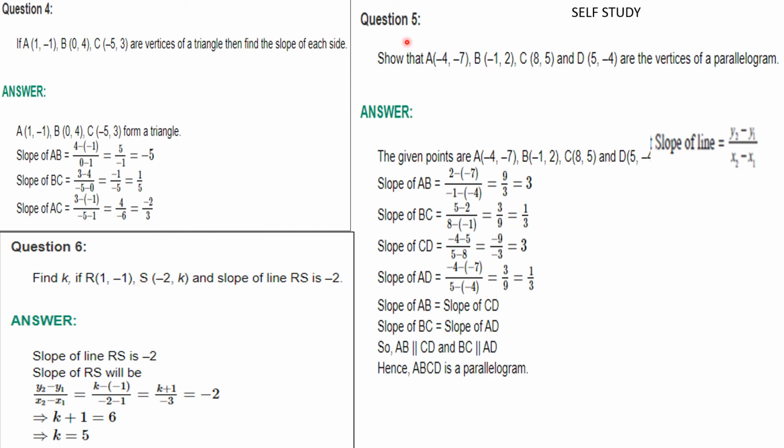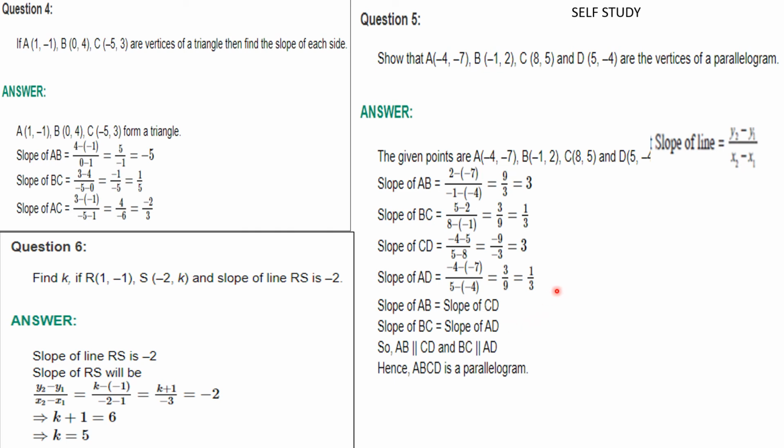Question number 5. Show that ABCD are vertices of a parallelogram using slope concept. We have these coordinates of points A, B, C, D. We'll find out slope of AB, slope BC, slope CD and slope of line AD. So slope of line AB is same as slope of line CD, using the concept of slope of a line, ratio of difference in y coordinates to difference in x coordinates.